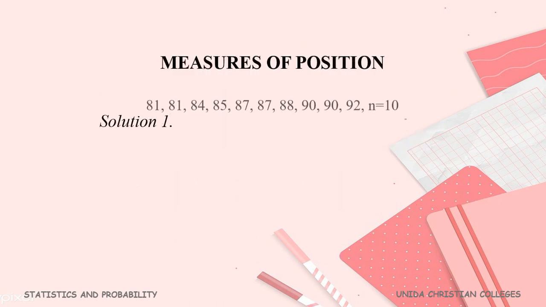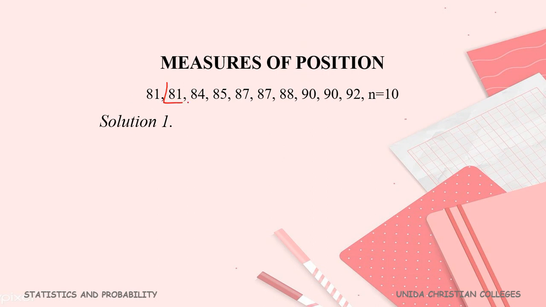Meaning, your 81 will be your A, 84 will be the B. And then, since that is 2.75, 0.75 will be your decimal part.